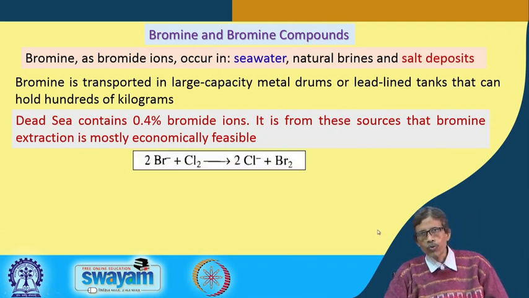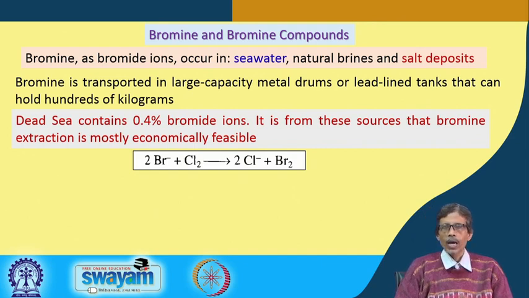And what reaction should we follow? We are talking about the production of bromine from the bromide salts, that means the bromide present as Br minus. If we know the corresponding reduction potentials of chlorine as well as bromine, we can compare that simple chlorine is sufficient to produce free bromine from the bromide salts, using chlorine gas as the oxidizing agent.